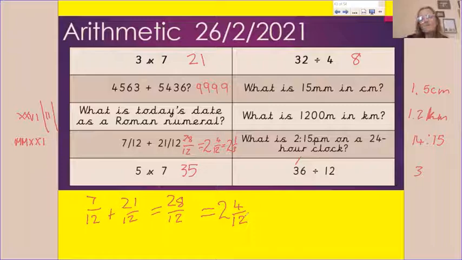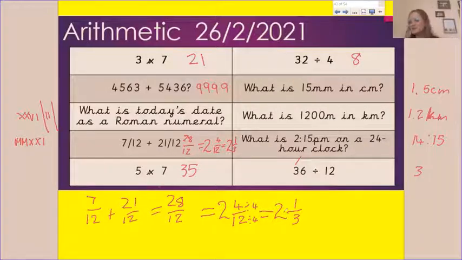And if you remember your equivalent fractions, what you do to the top, you do to the bottom, you could have simplified this to a unit fraction, and we could have said 2 and 1 over 3, because we have divided that 4 and that 12 both by 4. And our final answer would be 2 and 1 over 3.